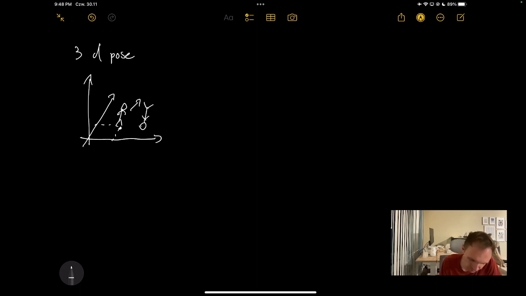So pose has the translation component and the rotation component, and those two together are the pose. And pose is always measured with respect to some coordinate frame.